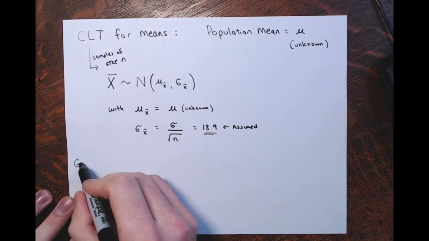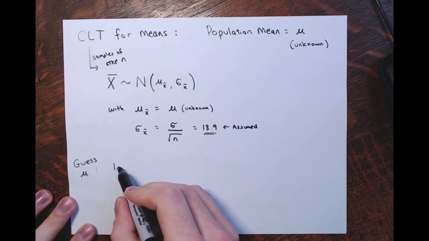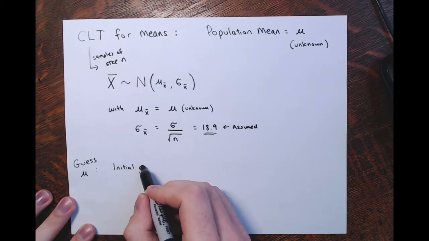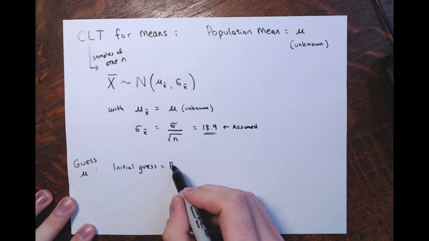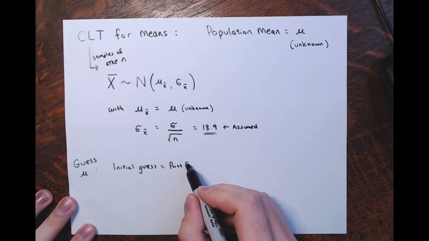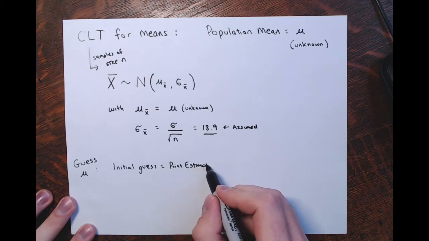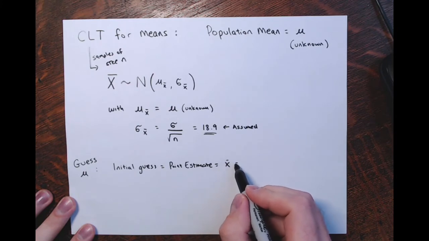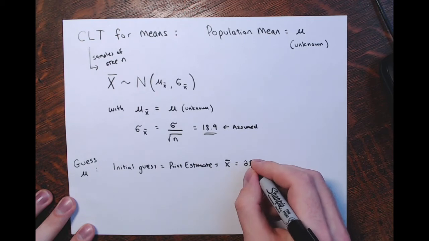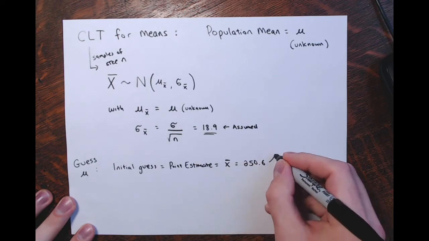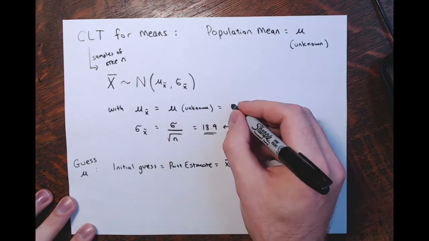So now we're going to start guessing mu. Remember the initial guess is our sample mean, and that's called a point estimate. The initial guess for a population proportion or a population mean is our point estimate. This particular sample from the question had an average number of chips per bag of 250.6, so we're going to use this initial guess as mu.